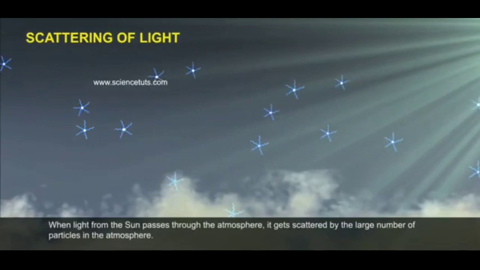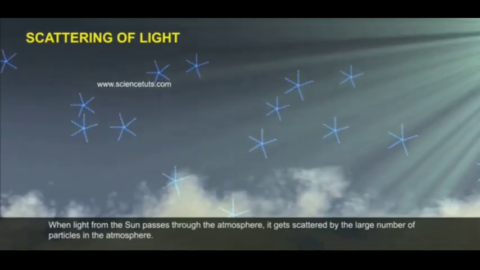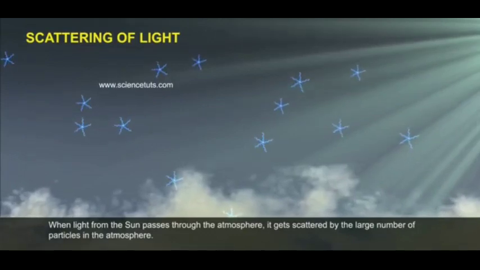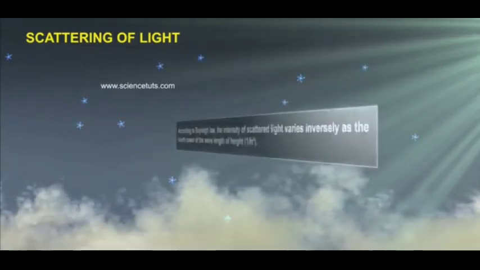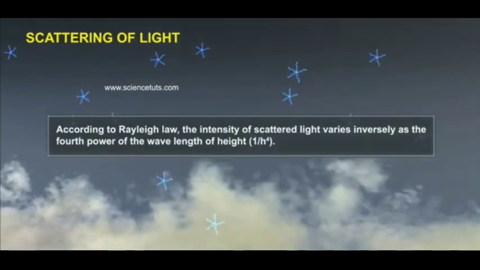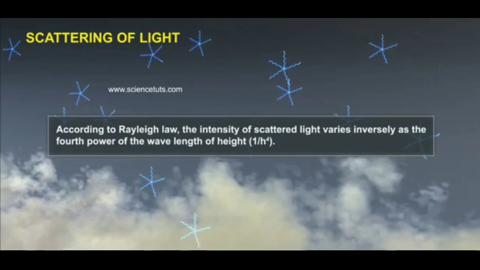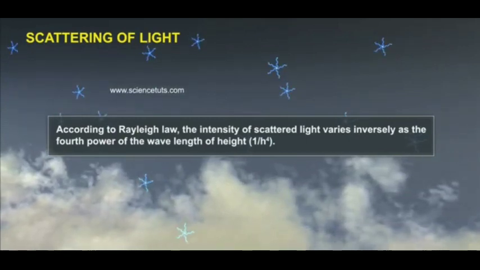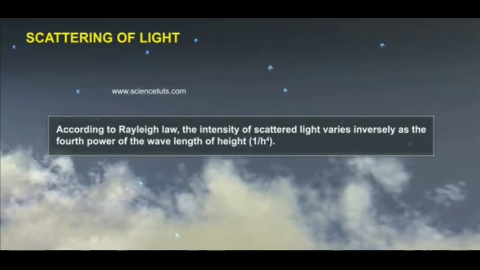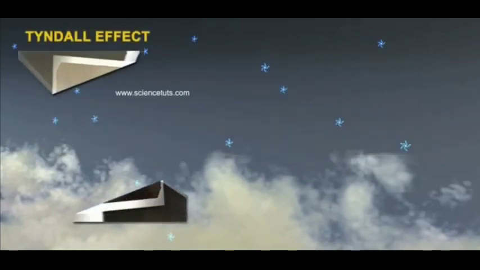When light from the sun passes through the atmosphere, it gets scattered by the large number of particles in the atmosphere. According to Rayleigh's law, the intensity of scattered light varies inversely as the fourth power of the wavelength of light, 1 by lambda to the power 4.